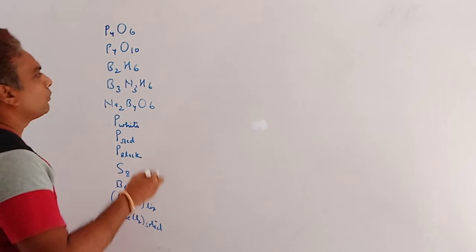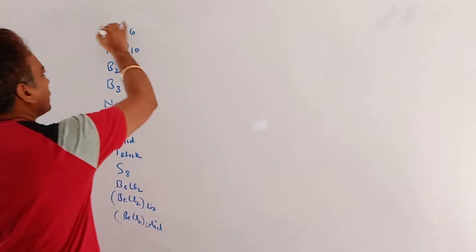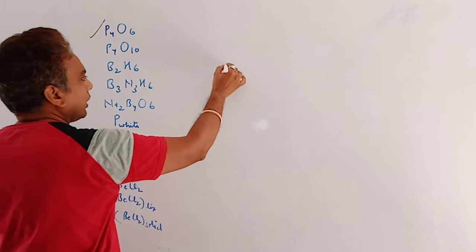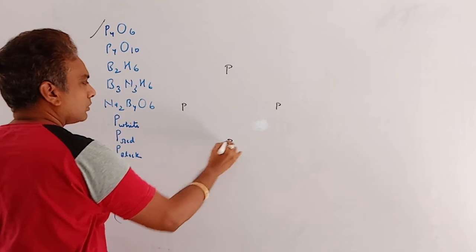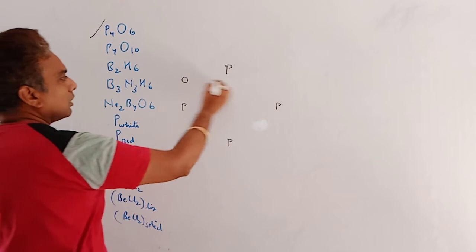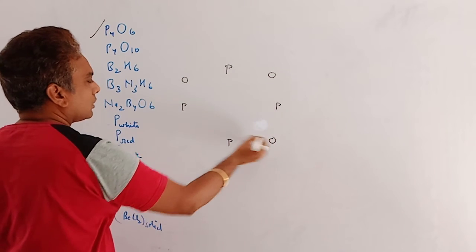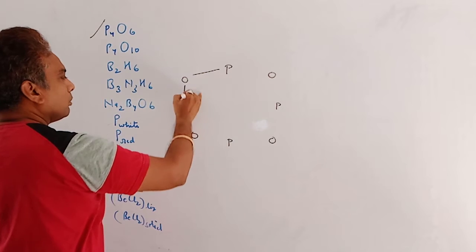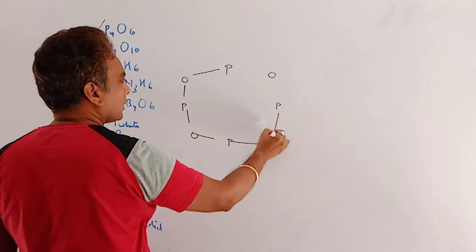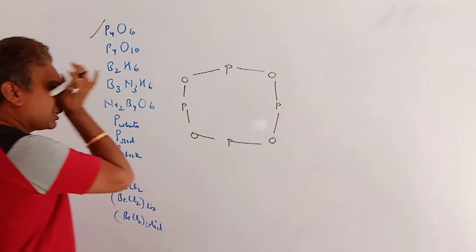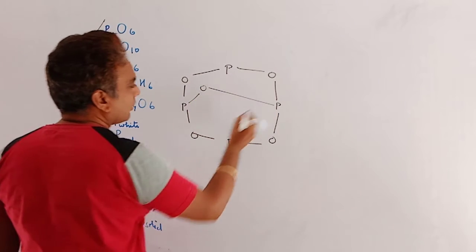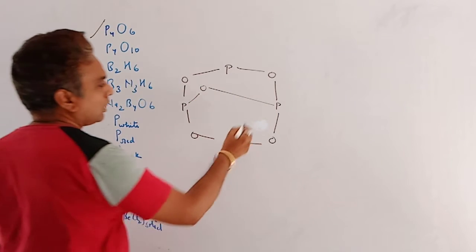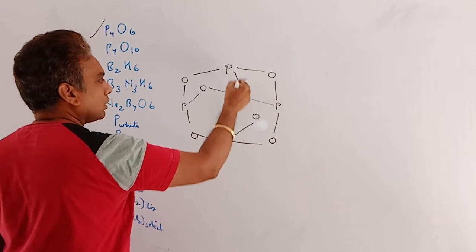In case of P4O6, we have 4 phosphorus like this, and the oxygens are at the middle of each pair of phosphorus like this. Clear? One oxygen is upward to the plane, diagonally associated with phosphorus, and another oxygen is downward to the plane.